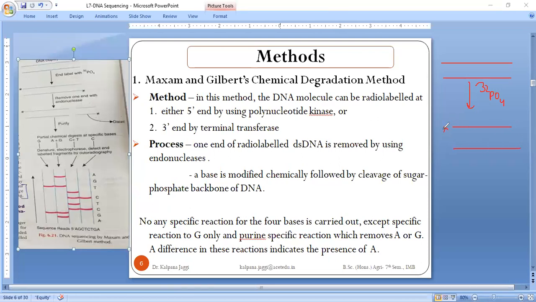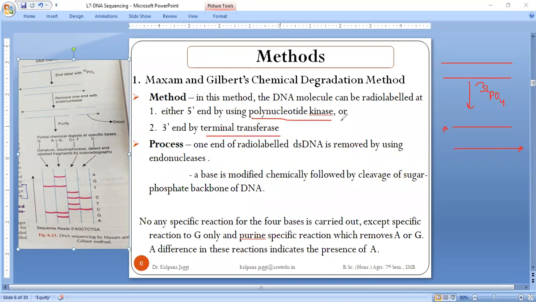If you are radio labeling the 5 prime end, say this is the 5 prime end and this is the 3 prime end, then we need an enzyme for radio labeling, and that enzyme is polynucleotide kinase. But if radio labeling is to be done at the 3 prime end, then we need another enzyme, which is terminal transferase.